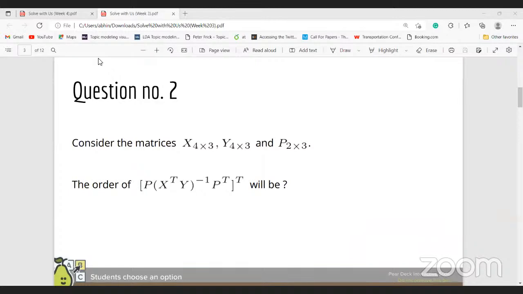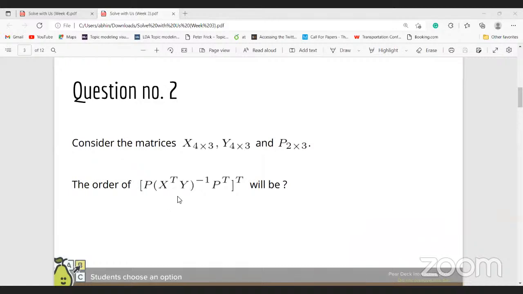Okay, so the inverse part. See, for this bracket, X transpose Y: X is of order 4 cross 3, right? So X transpose will be of order 3 cross 4, and Y is of order 4 cross 3.